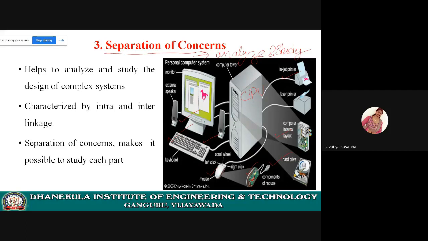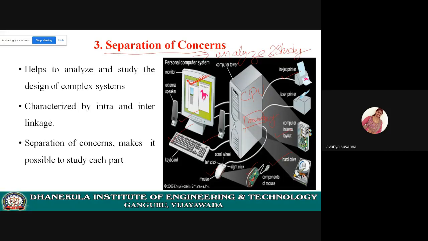For example, see the screen, something is displaying, right? See the monitor, some image is displaying. You want this image to display. What will you do? The file is stored in hard disk or memory, and the processor must process it, right? It must fetch from memory.